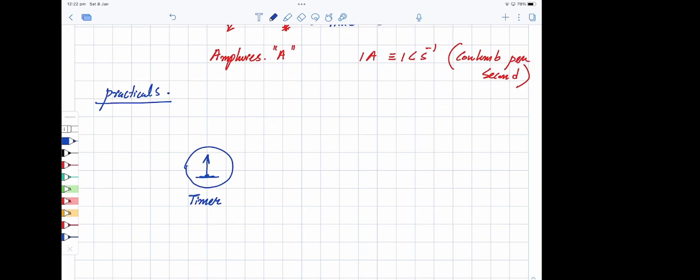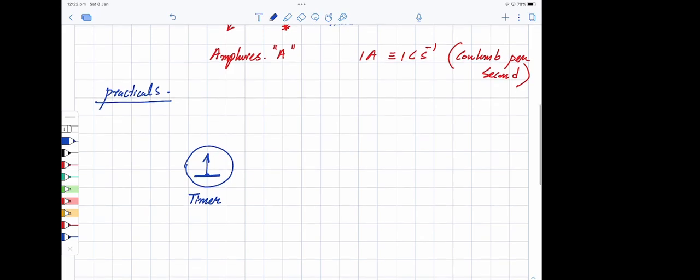Then there is a circuit here, and we can measure the number of electrons passing through it. Electrons are going through that circuit, so you measure the number of electrons.